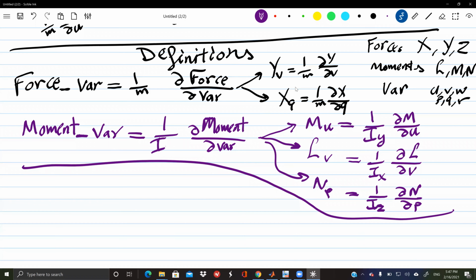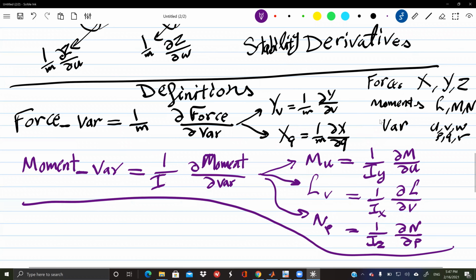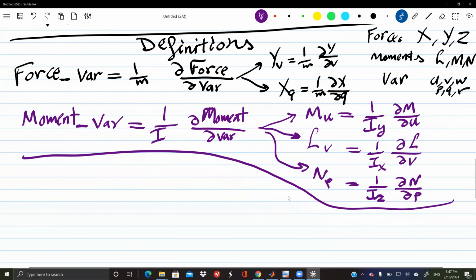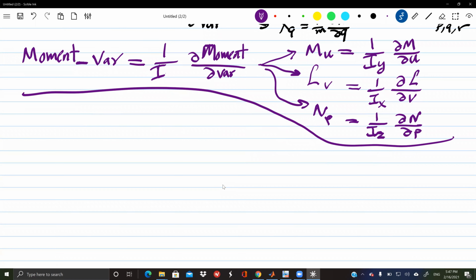So stability derivatives have dimensions. And we like to represent things in a non-dimensional form in order to be able to compare large and small airplanes, right? In the same token, there are something called stability coefficients, the coefficients of these guys, as usual.